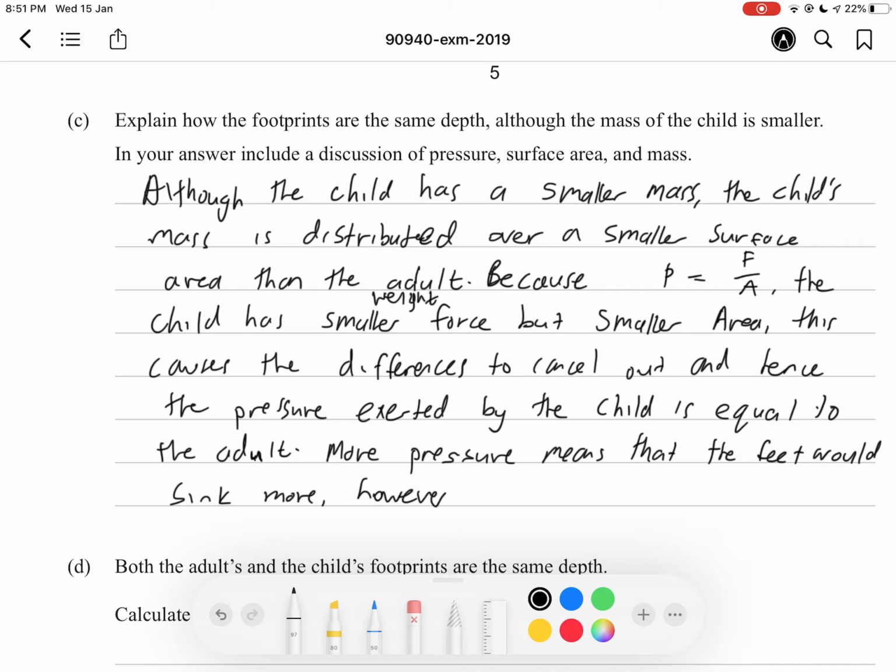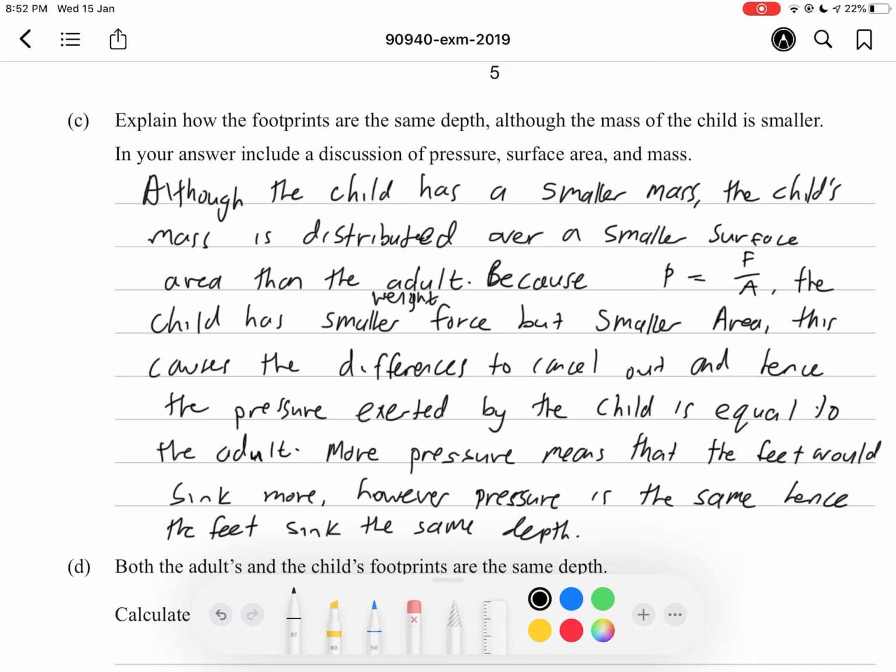However, the pressure is the same. Hence the feet sink the same amount. And that will be it for this question.